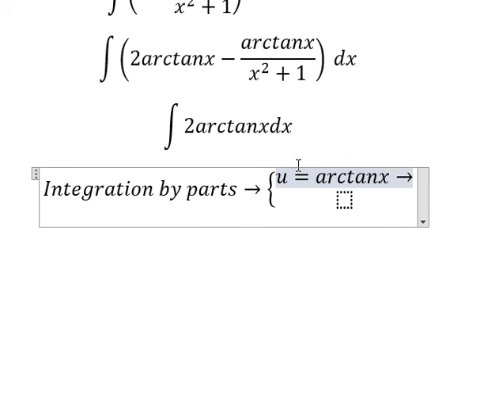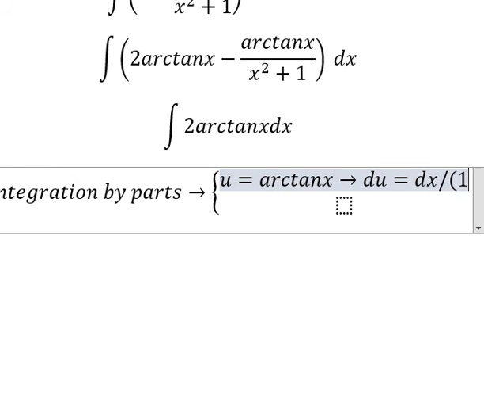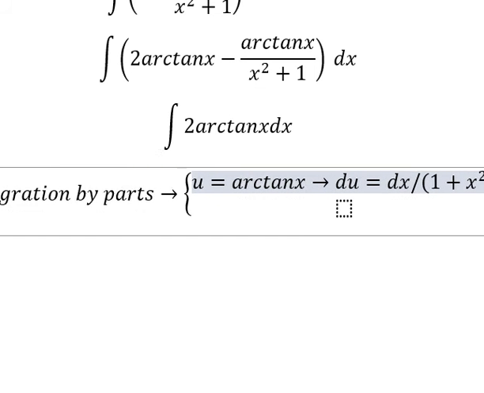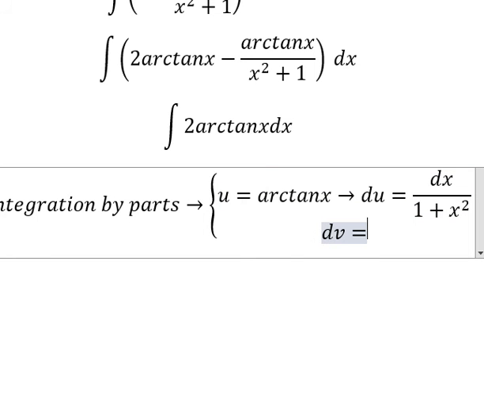If we do the first derivative for both sides, you get du equals ds over 1 plus s squared. After we do the derivative for both sides, dv, we get 2 ds, and we get v equals 2s.